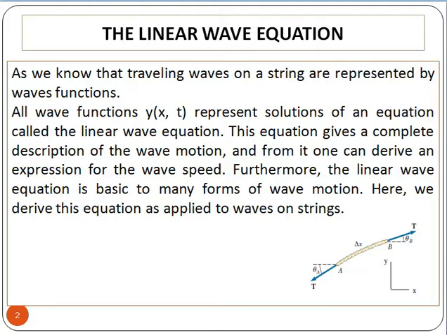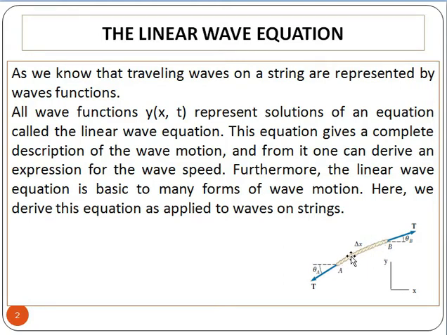To do this, let us consider a wave that is traveling along a straight string in the positive x direction. That straight string has not been shown, but we consider a very small, infinitesimally small element of the string at any time t and any position x.